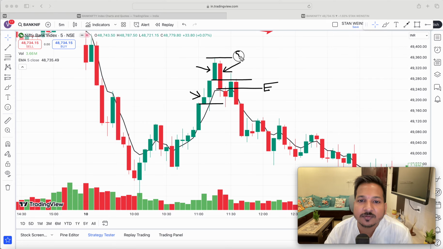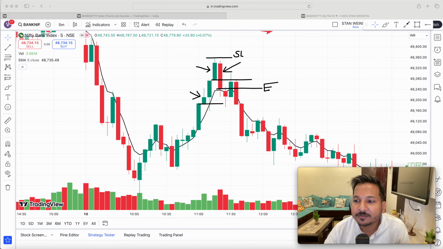Never put the stop loss just above the high. Put the stop loss 2 or 3 points above that high, so that if big players or algo trading want to catch your stop loss, there is some chance you will survive. Many times it will go up here and then come back, so better to put the stop loss 2-3 points away from the high.